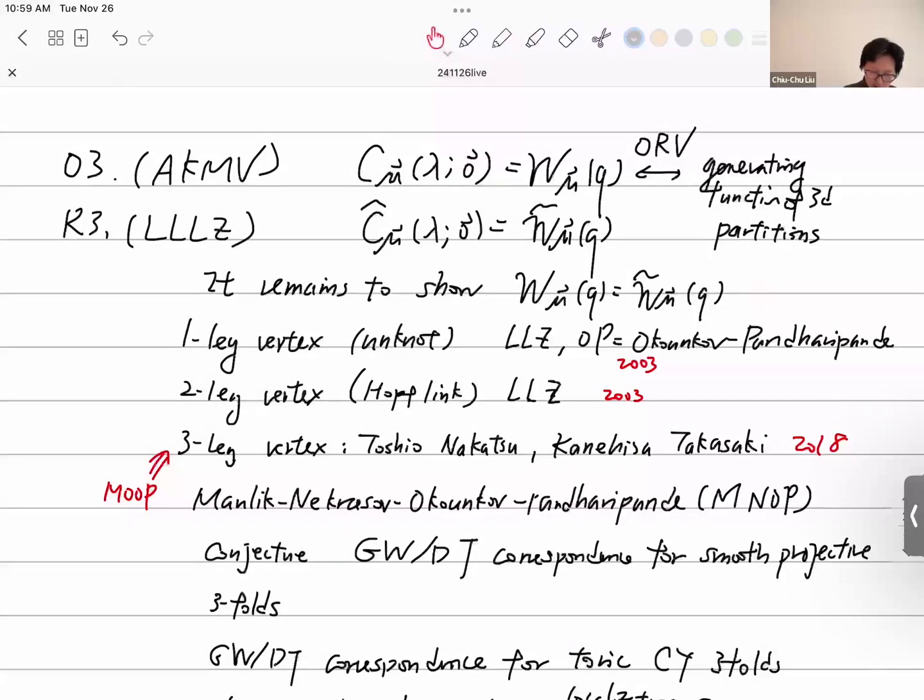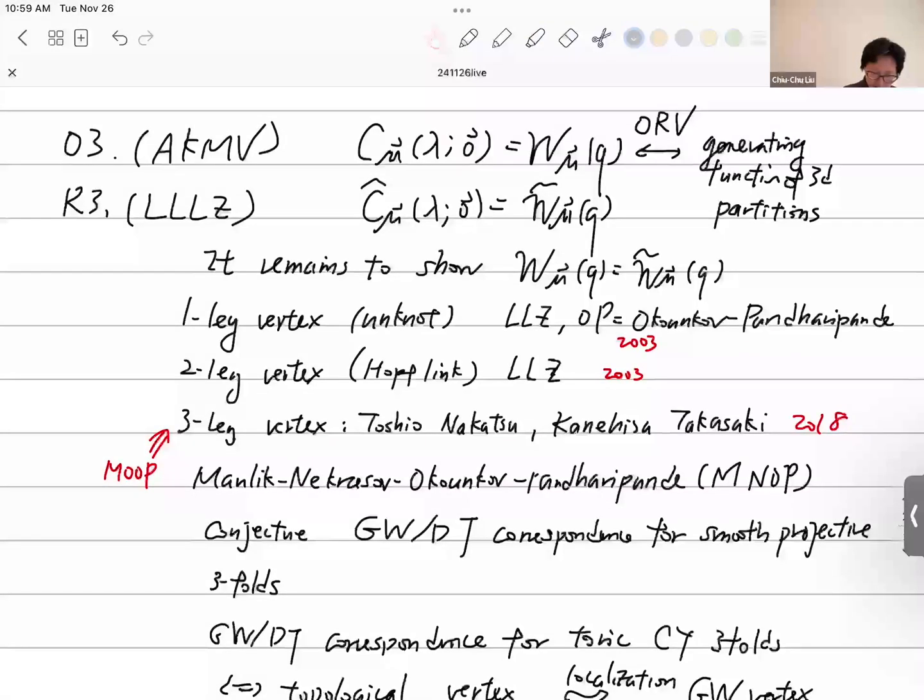My collaborators and I, Kefeng Liu, Jian Zhou, and myself, first showed the case where only one of the partitions is non-empty.